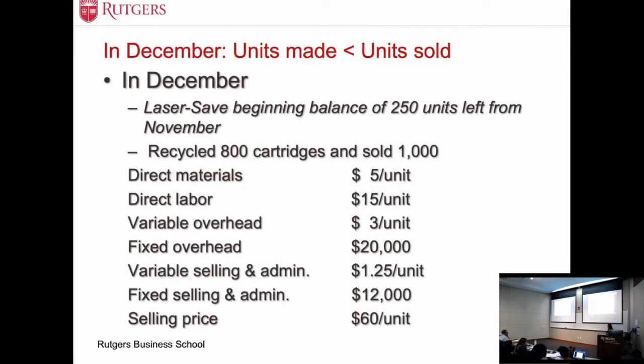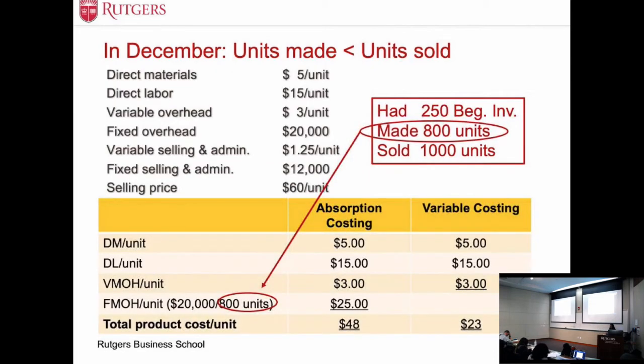So now the unit production cost under the absorption costing is 48, which is greater than both October and November, right? But for the variable costing, the unit production cost is still the same, right? Because the fixed overhead will not affect the production cost under the variable costing.